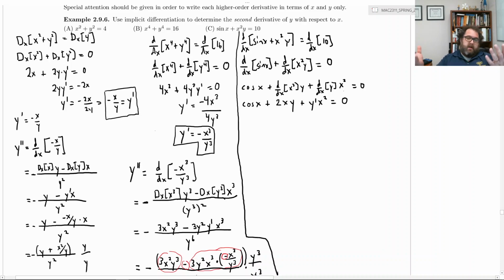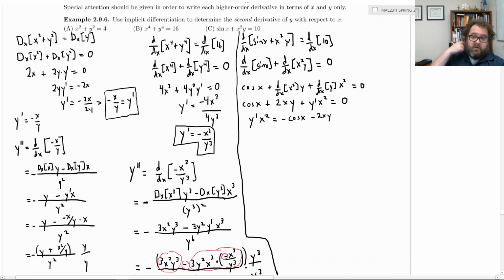So the first derivative, no big deal, man. That's very, very comparable to questions, exercises we have worked previously. Now we do need to solve for y prime. Now there's only one y prime term, so I'm going to subtract the other terms to the other side, and that's going to give us y prime times x squared equals, well, negative cosine x minus 2xy.